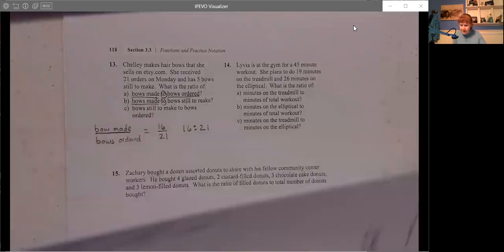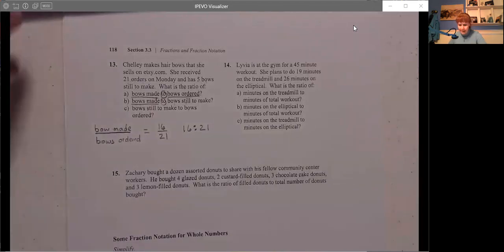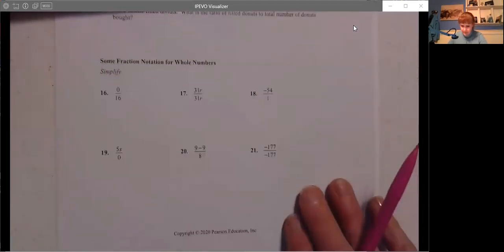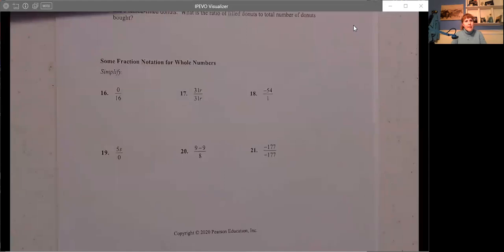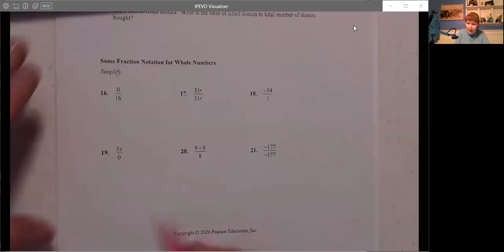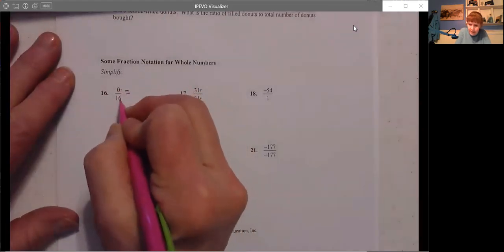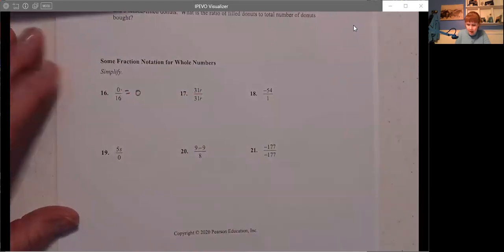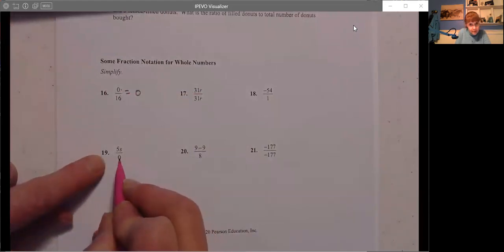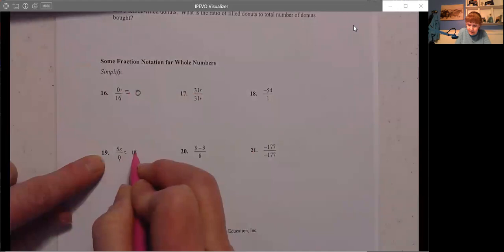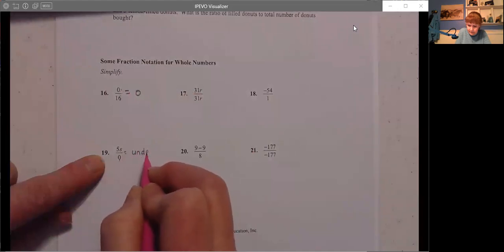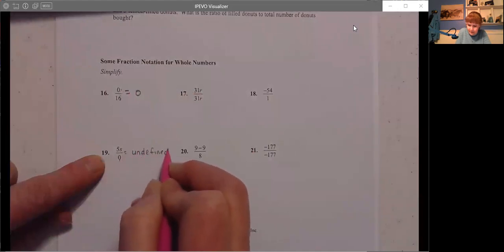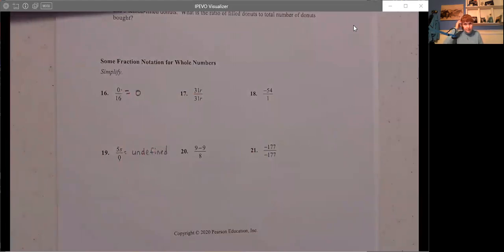I want to look at one last thing, and we're going to reduce these fractions. Before, we learned that whenever you have a 0 in the numerator, it's 0. But if you have a 0 in the denominator, this is undefined, or not defined, depending upon how this book says it.